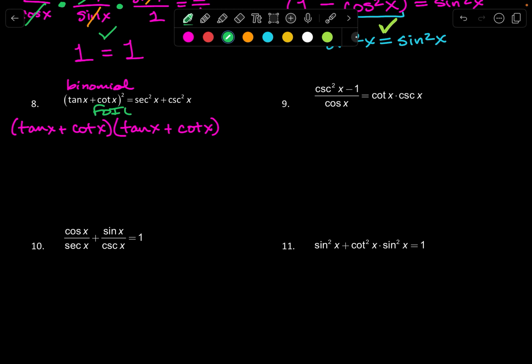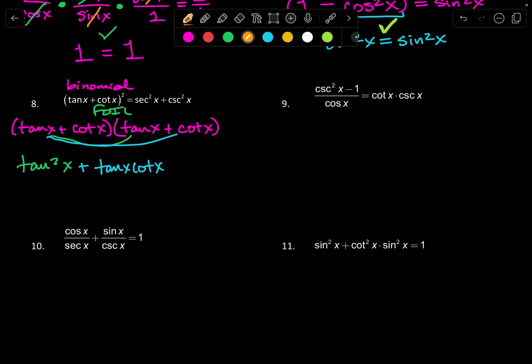So I'm going to multiply the first things together. Tan x times tan x gives me tan squared x. I'm going to multiply the outer things together, so I'm going to get plus tan x cotangent x.